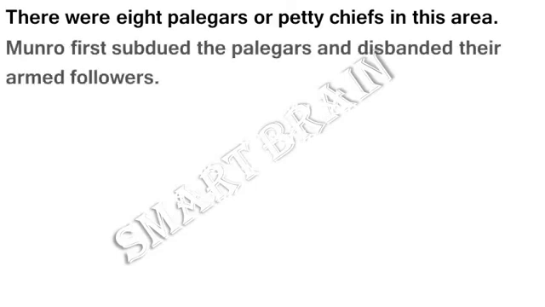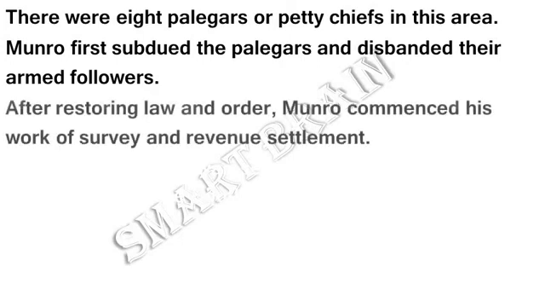There were 8 palegars or petty chiefs in this area. Munro first subdued the palegars and disbanded their armed followers. After restoring law and order, Munro commenced his work of survey and revenue settlement.